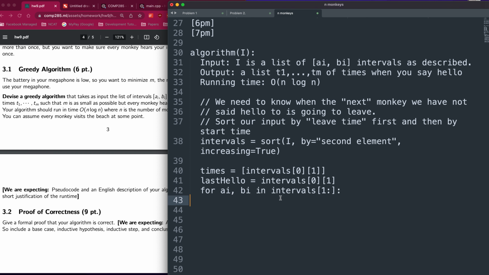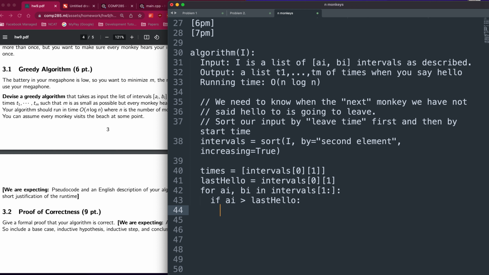So now we iterate over the intervals, and we say, okay, if the monkey arrived after we last said hello, then, because we've sorted our intervals, he arrived after we last said hello and he is the next to leave, at some time bi.